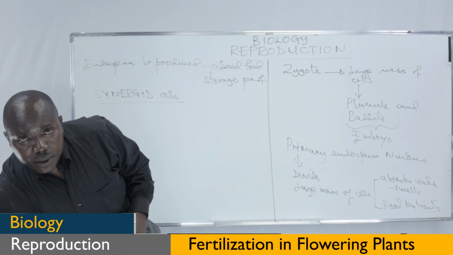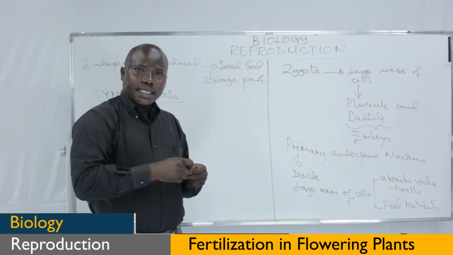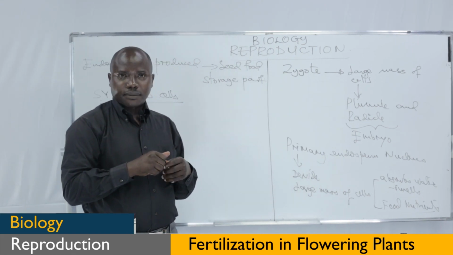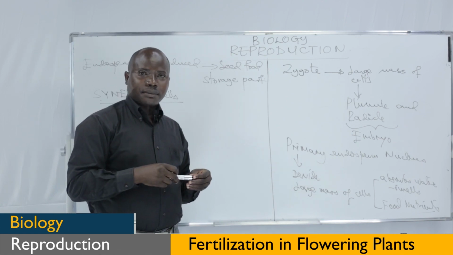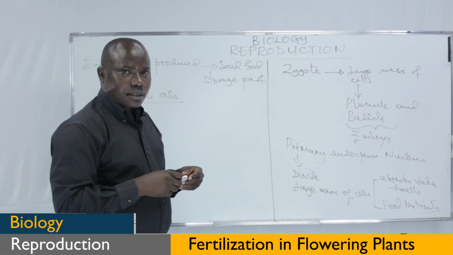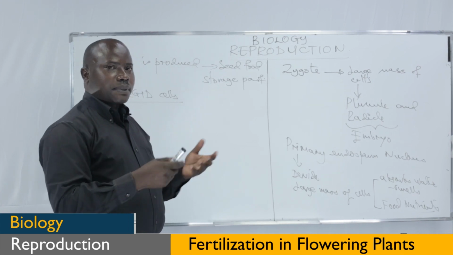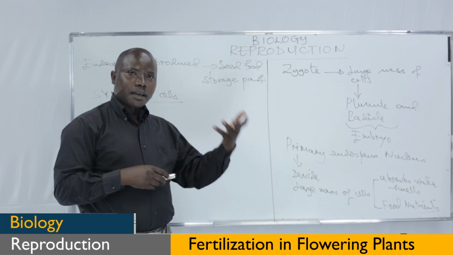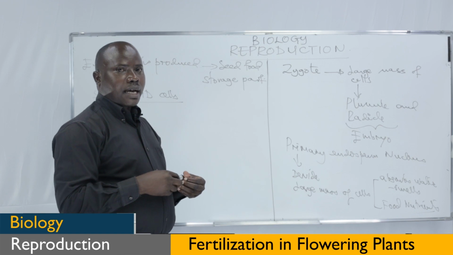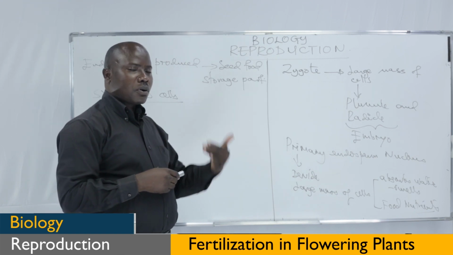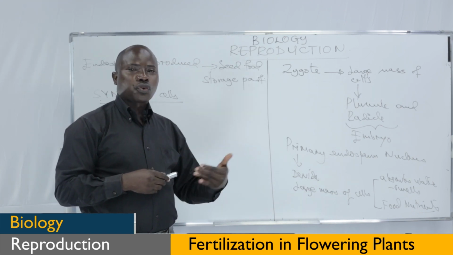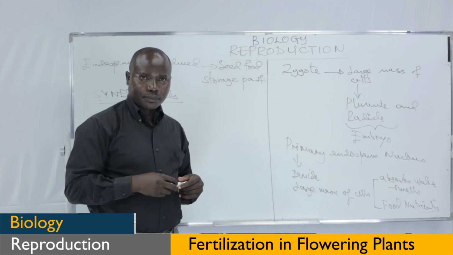Something to ask you, what is the importance of the synergids? Dear students, synergids produce chemical substances that help in attracting the pollen tube toward the embryo sac.